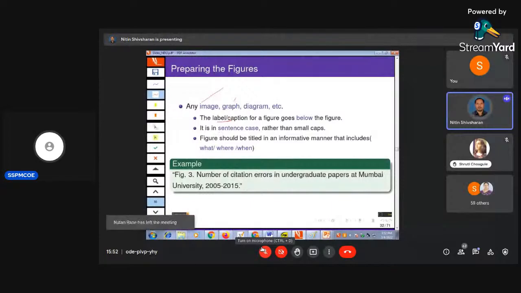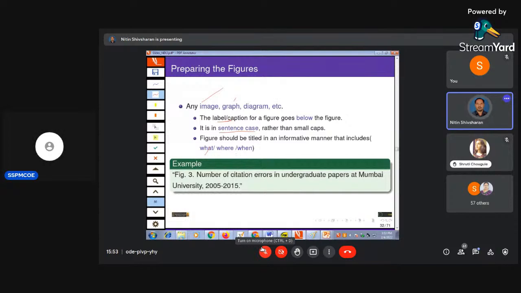While writing the caption, sentence case must be adopted. The figure should be titled in an informative manner. Whenever you give a caption to a figure, it should be informative, meaning it should answer questions like what, where, and when.